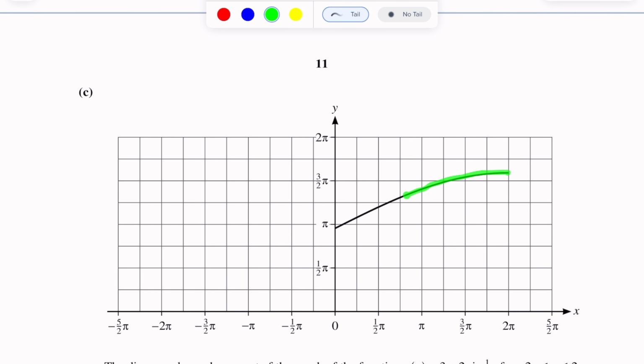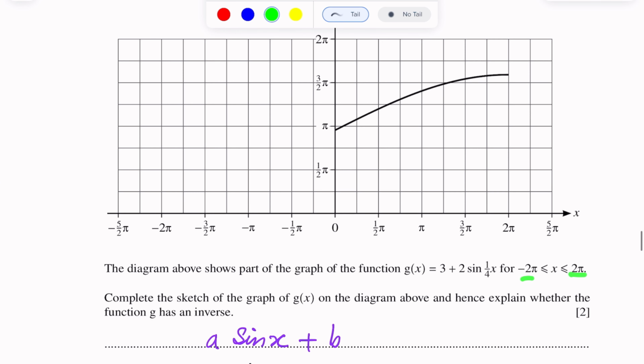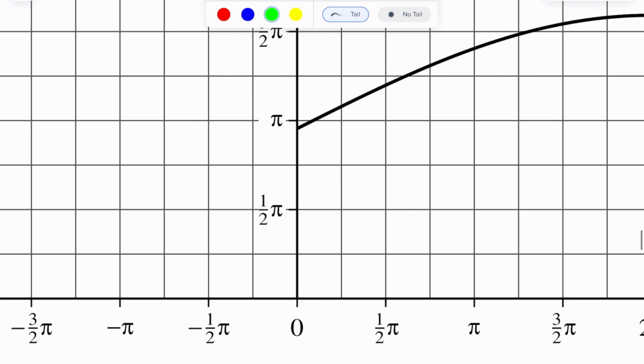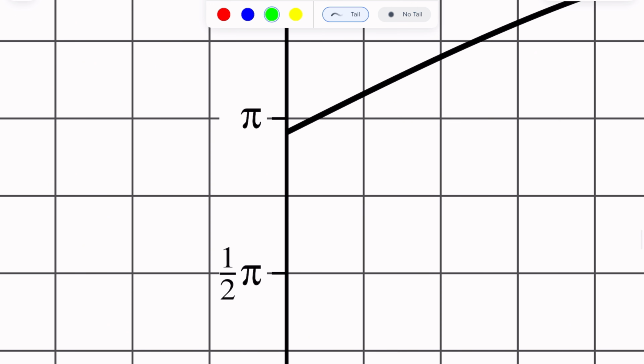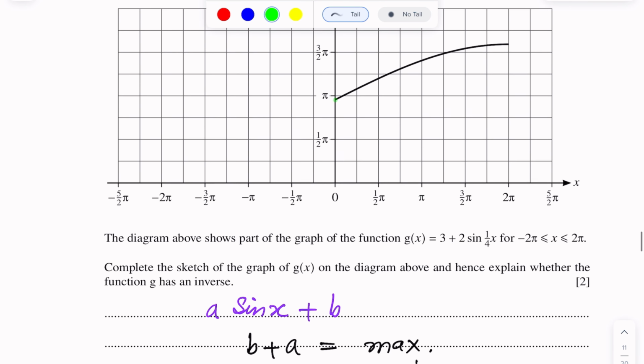Half the graph is drawn, from 0 to 2 pi, but we have to draw the graph from minus 2 pi to 2 pi. This is 2 pi and this is minus 2 pi. Baseline is this. Here you can see that this value is pi, 3.14, but the graph does not touch the x by axis at pi, rather it touches below pi. This value is 3, and this value will show the baseline.